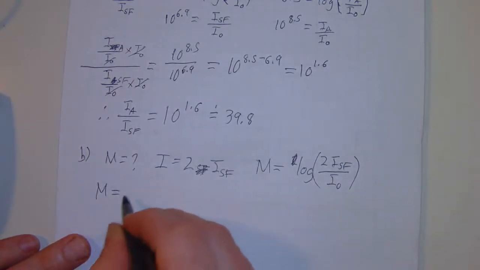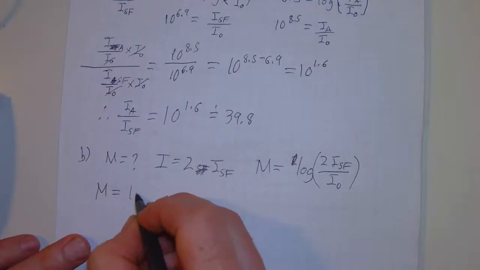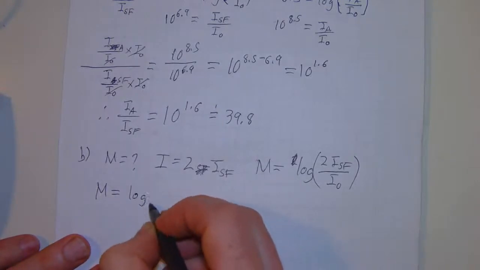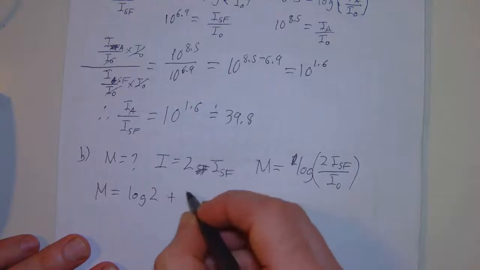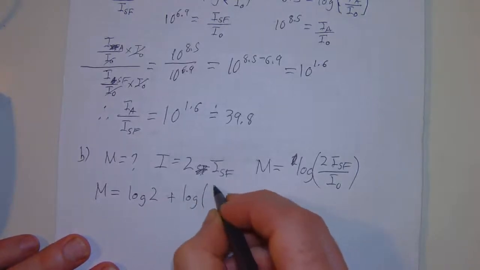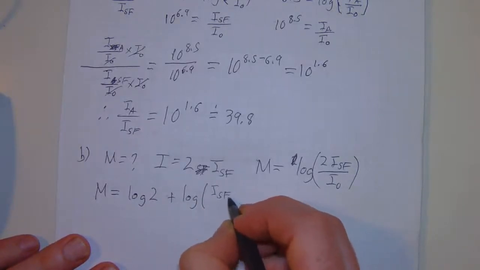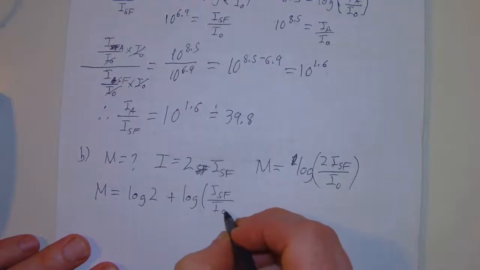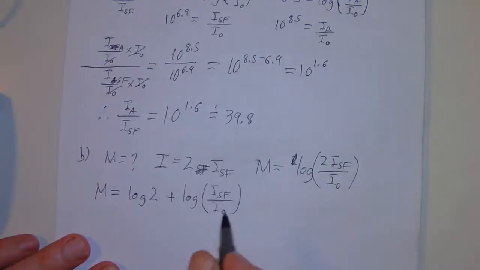So we have M equals log base 10 of 2 plus log base 10 of the intensity of the San Francisco quake divided by the reference intensity. And so you might ask, why did you separate it that way?